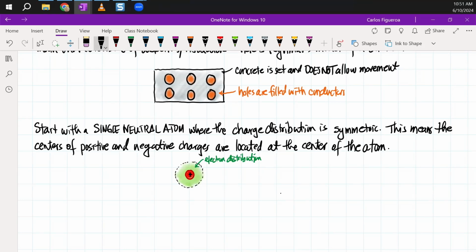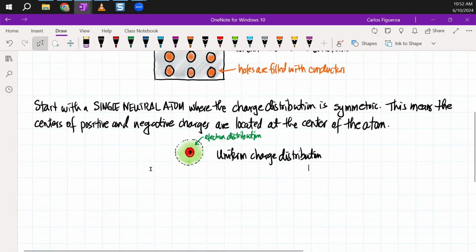This is a uniform charge distribution, because those two centers of charge are right on top of each other.